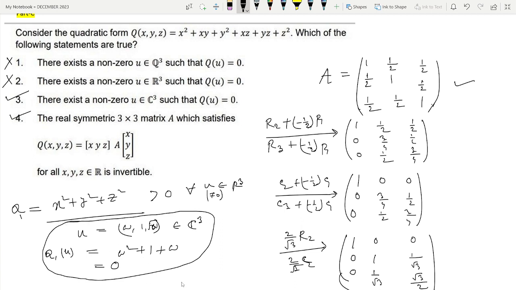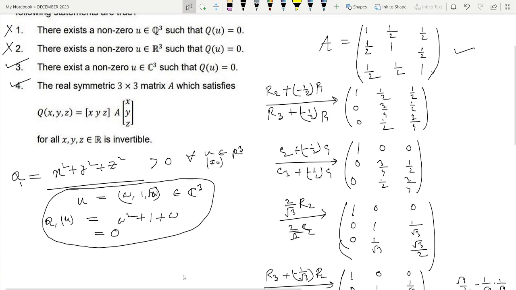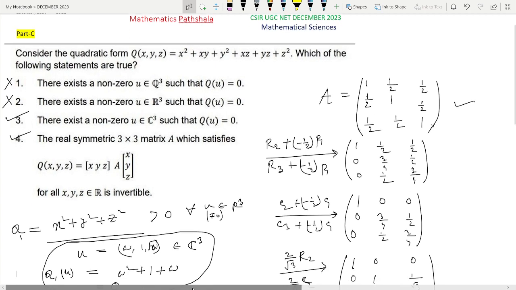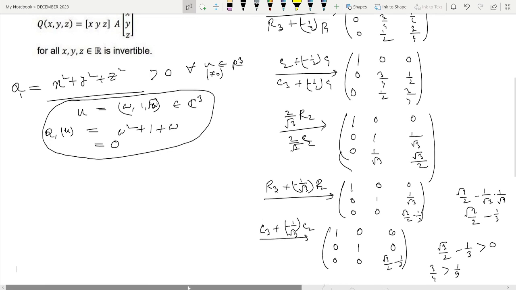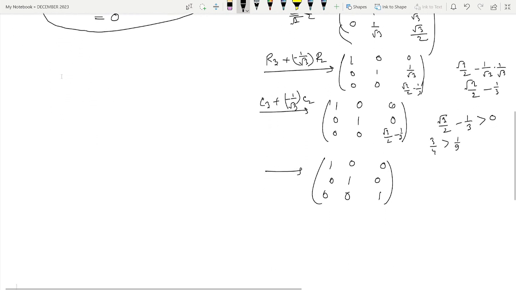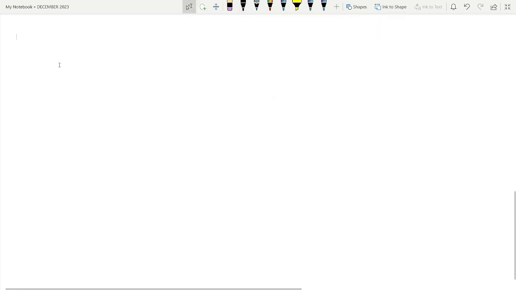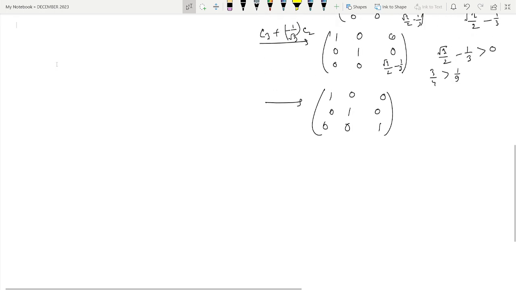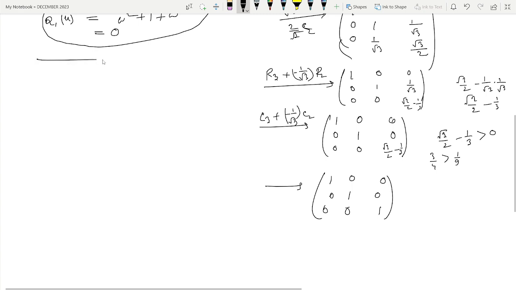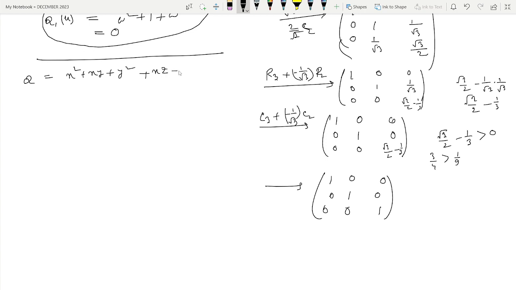From this structure, we can find this u from the given form of Q without using the congruent form Q1 of Q. Just simply here our Q is given like this: Q(x,y,z) is x square plus xy plus y square plus xz plus yz plus z square.